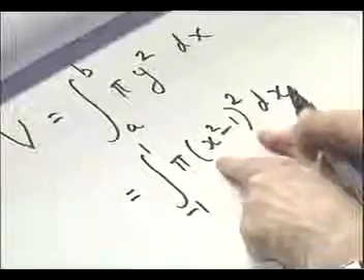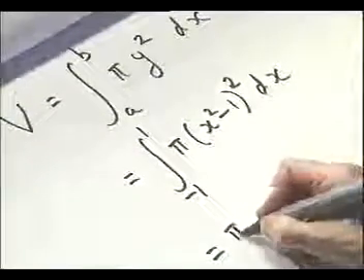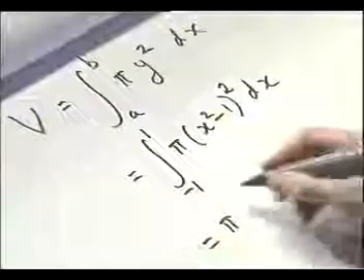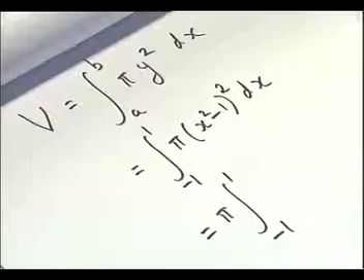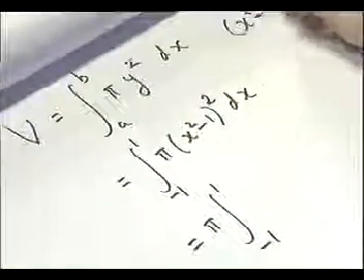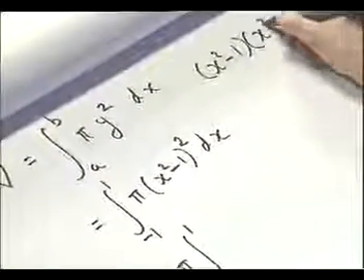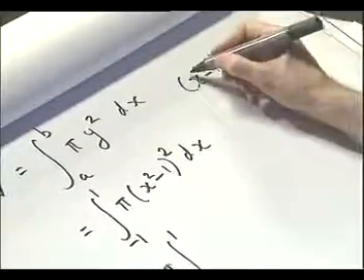Now we've got to square out this bracket. We've got to multiply it out. So integral of pi, notice I'm moving the pi outside the integration sign again. And I want this squared. So let me do it here in full so we can see where all the terms come from. That's what the square means. Multiply the bracket by itself.